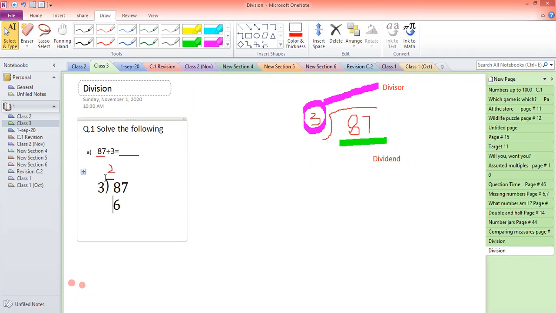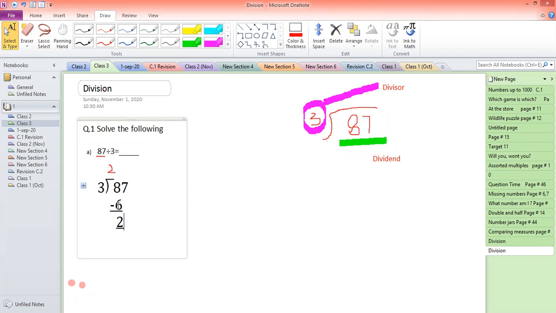The third step is to subtract this 6 from 8. 8 minus 6 is equal to 2.